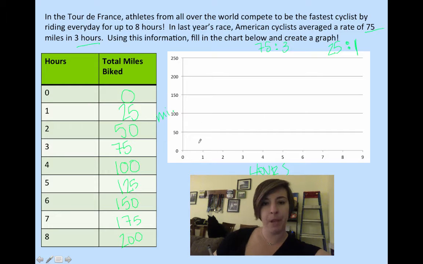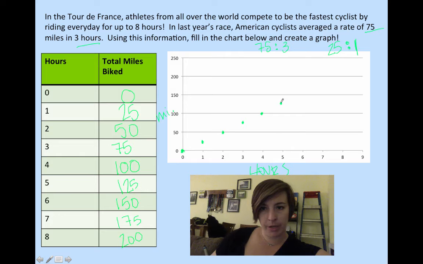You can do the same. All right, so start plotting our points. 1 hour, 25 miles. 25 is exactly halfway between 50 and 0. So I'm going to put my dot approximately halfway between 50 and 0. And go ahead and fill in your graph as I fill mine in.